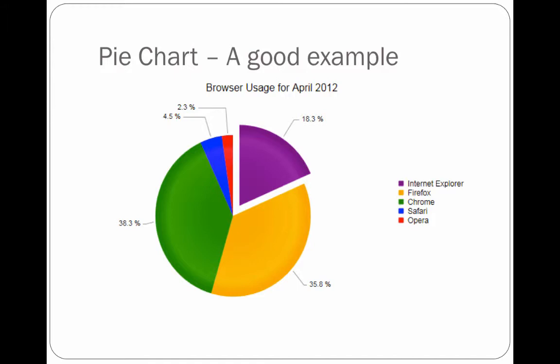Because there are just a few categories, it's very easy to see the data, and it's easy to see which browsers make up the biggest segment of the browser population. And then you can also see that the creator of this pie chart is wanting to illustrate something about Internet Explorer, and so they've separated that piece of pie out. So this is a good example of a pie chart.